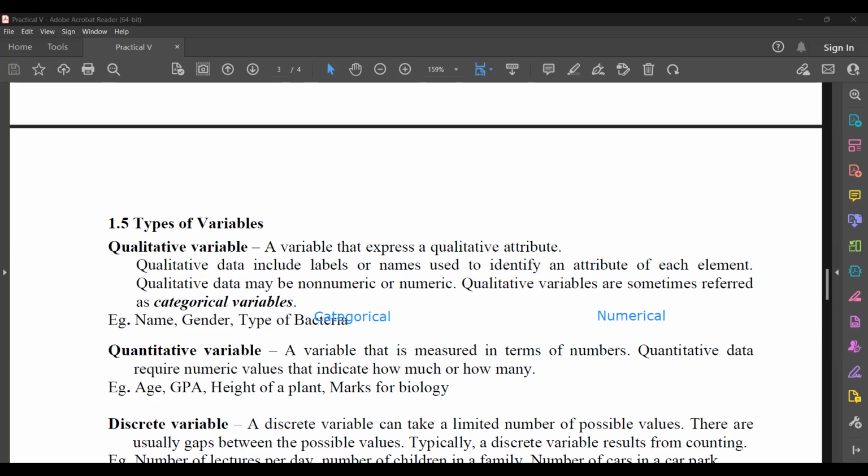And again, these quantitative or numerical variables can be divided into two categories, discrete and continuous.